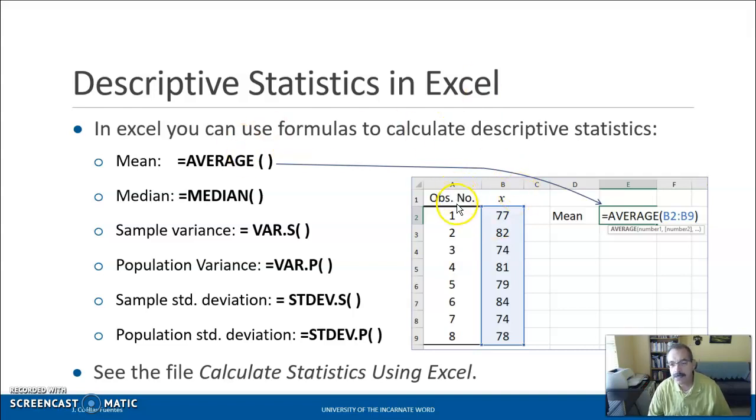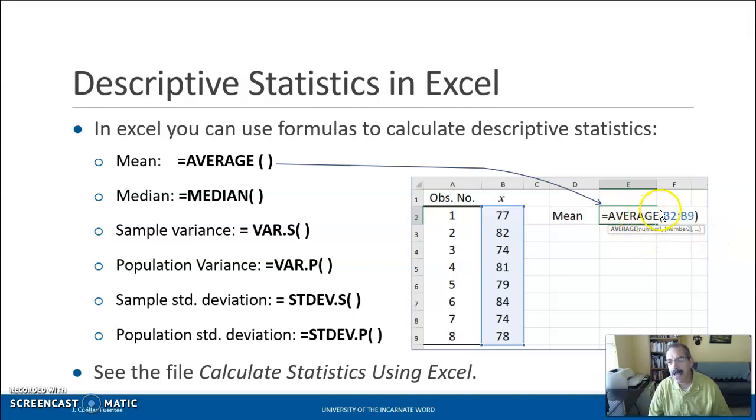So in Excel, open Excel, create a little table with the data, the observation numbers and the data, and I just put the labels of those variables so that I know what I have here. And then to calculate the mean, in one cell I write mean. In the next cell, I type equal, then I type average. And when you type that, Excel helps you, gives you the form of the formula.